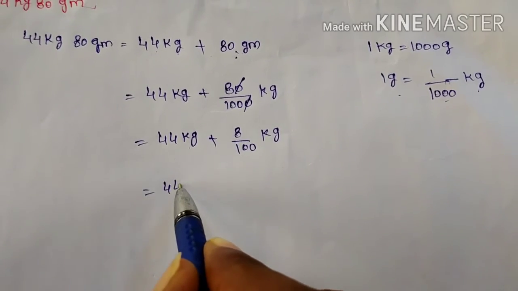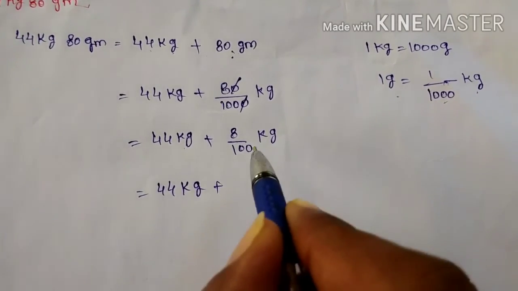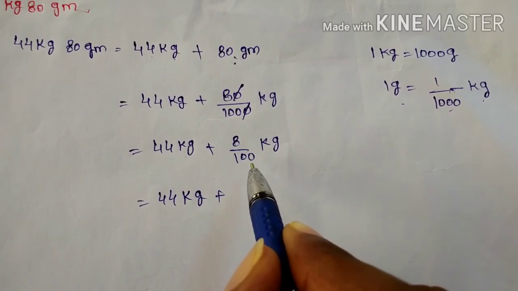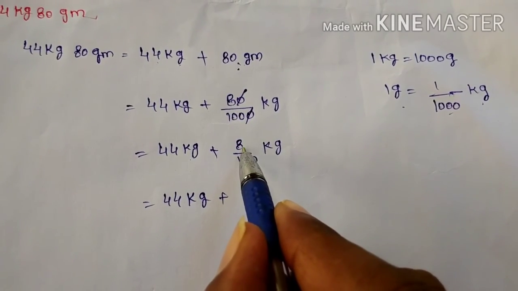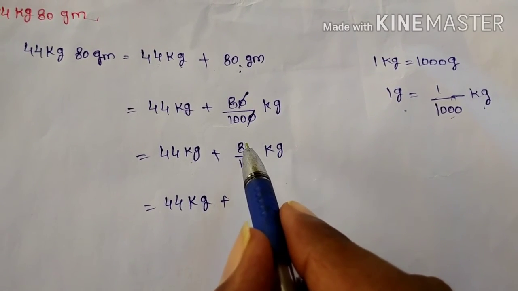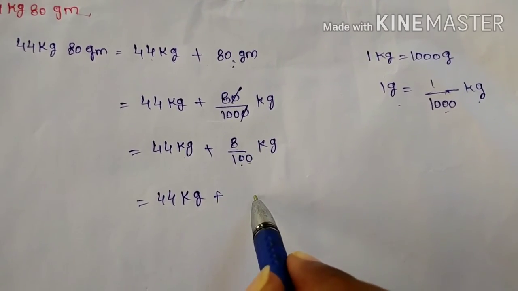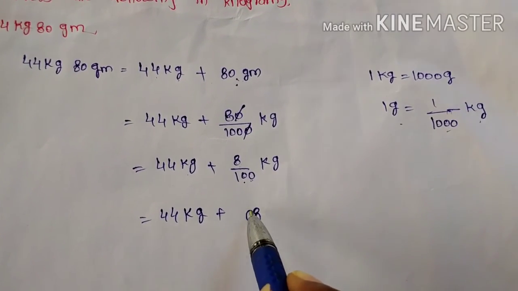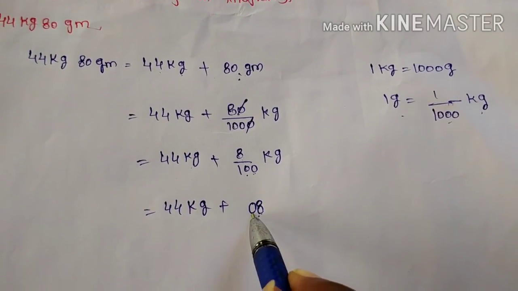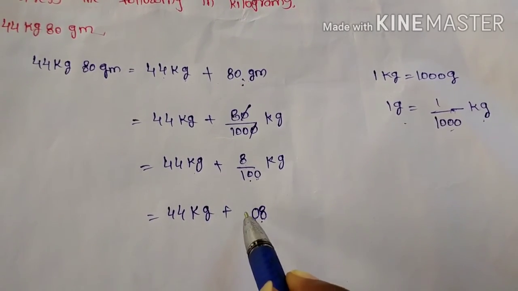In the denominator you have two zeros, yes or no? 1 and 2 zeros. So you keep the decimal point in the numerator after 2 digits from the right side. First you see this is 1 digit, 8. You keep one more 0. This is 2 places. 2 places complete or not? Yes. So you can keep a decimal point.